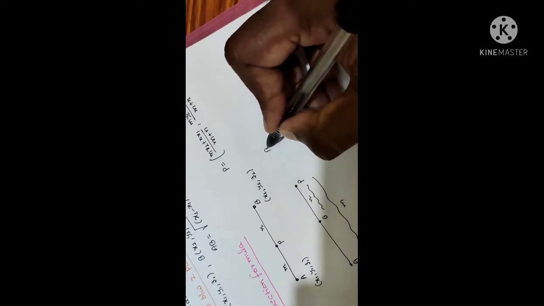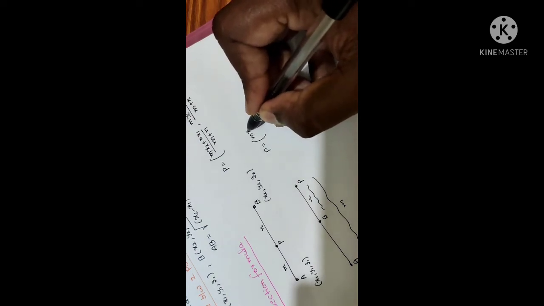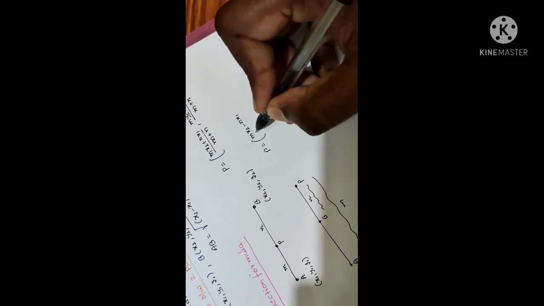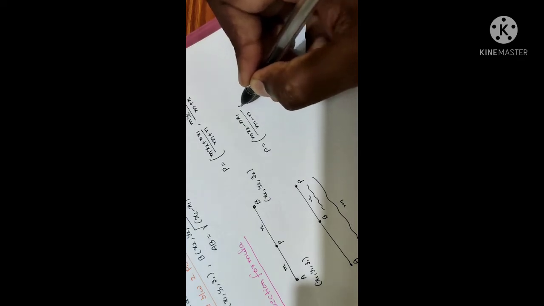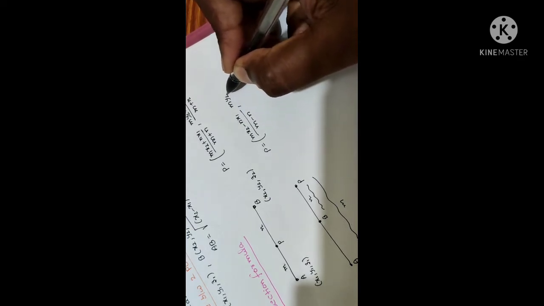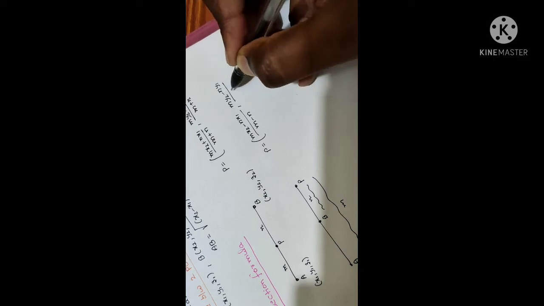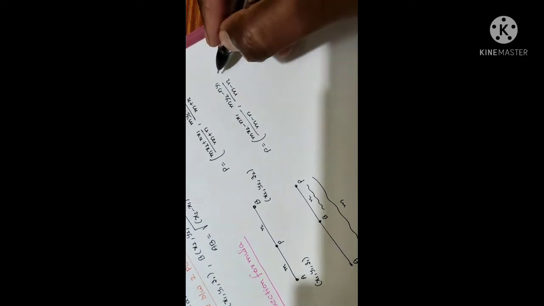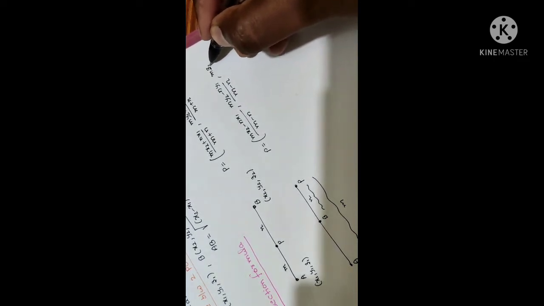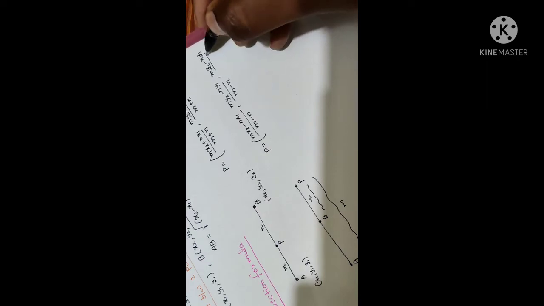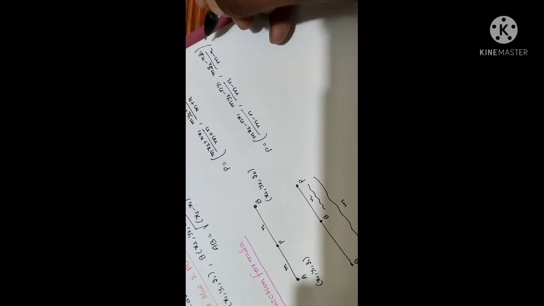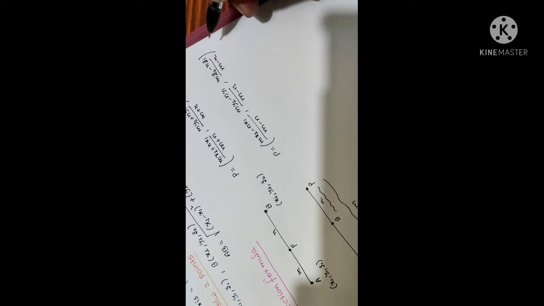Then the formula is (mx2 minus nx1) by (m minus n), (my2 minus ny1) by (m minus n), (mz2 minus nz1) by (m minus n). Okay, this is the formula for external division.